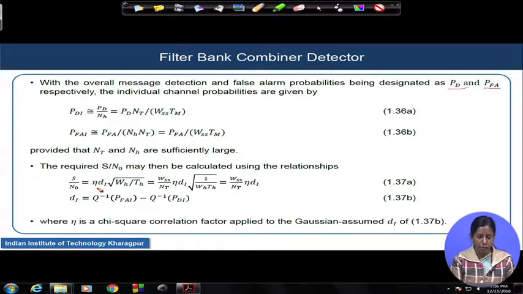Remember this chi, the new parameter in the expression: it is a chi-square correlation factor applied to the Gaussian assumed DI of 1.37. When we are assuming Gaussian, this is a correction factor we can call it.